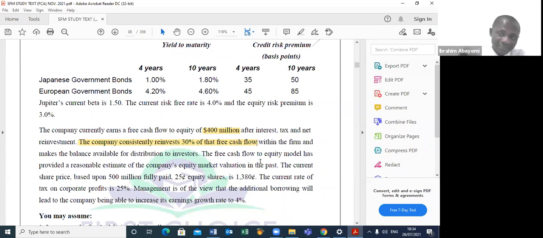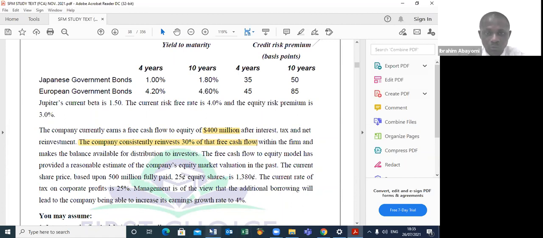Our R is return on equity. Now, I told you that in a situation where you don't have return on equity, you use cost of equity. I remember I explained that to you, that in a situation where you want to use the Gordon growth rate, but the question does not give you return on equity, but you have cost of equity, you need to assume that the cost of equity is the same as the return on equity. So, what should I assume here?